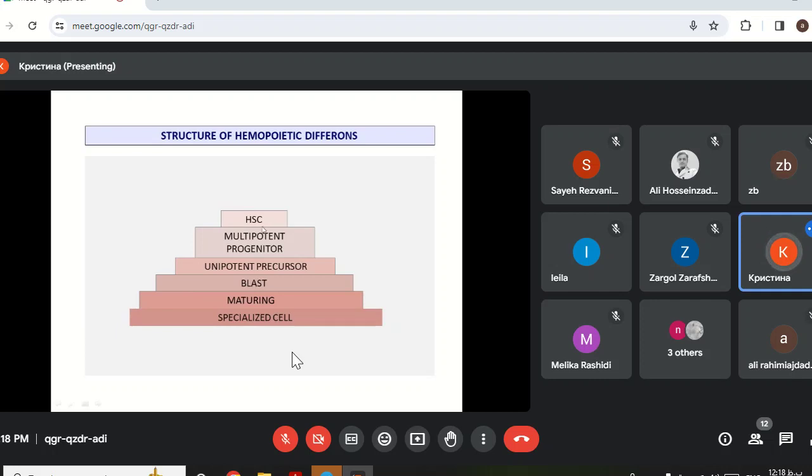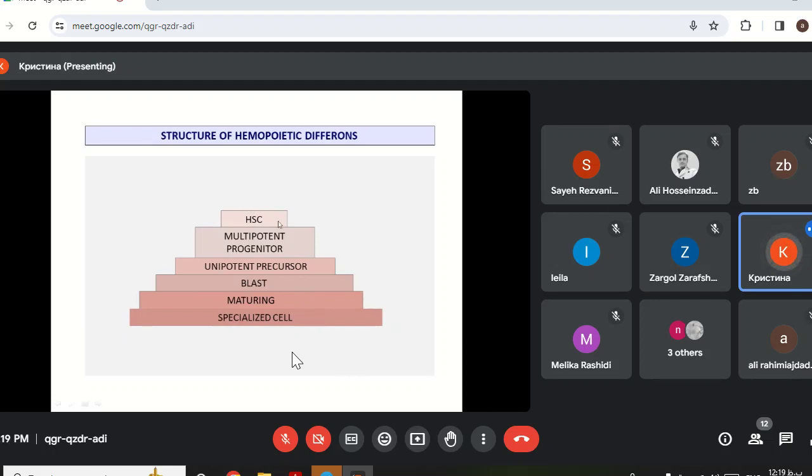The first step, the first cell from which all the formed elements of blood develop, is called the hematopoietic stem cell. HSC stands for hematopoietic stem cell. Next goes the multipotent progenitor cell, next the unipotent precursor, then the blast, then the maturing cell, and then the mature specialized cell.